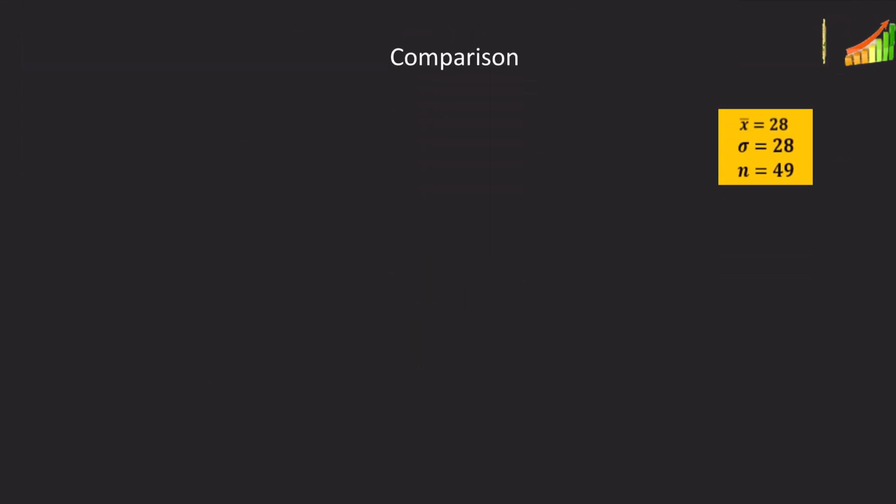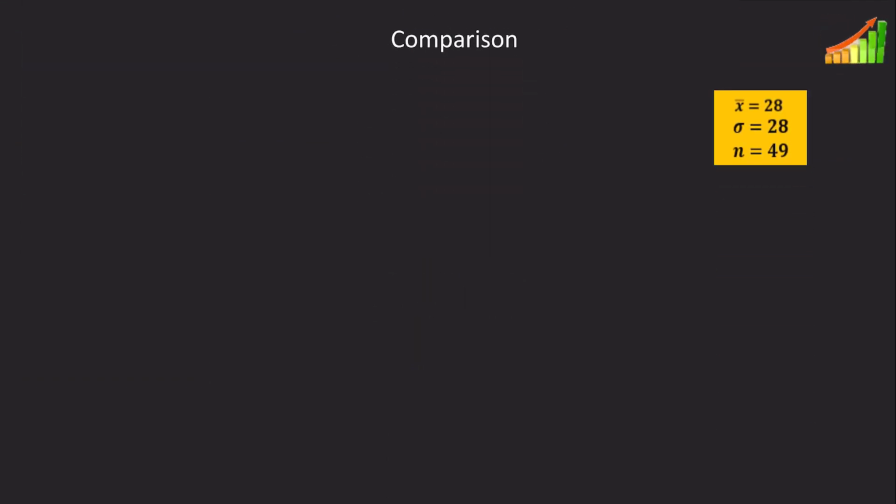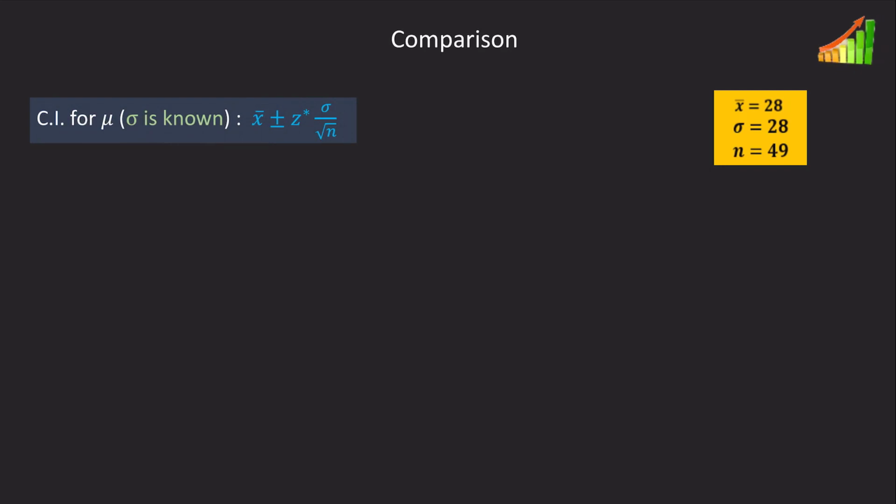Then let me compare this. For both examples, x bar, sigma and n were the same. And the confidence interval we use when sigma is known. Yes, when sigma is given, we should use x bar plus or minus z star sigma over root n. Right, the first interval we calculated for the 95% confidence level.